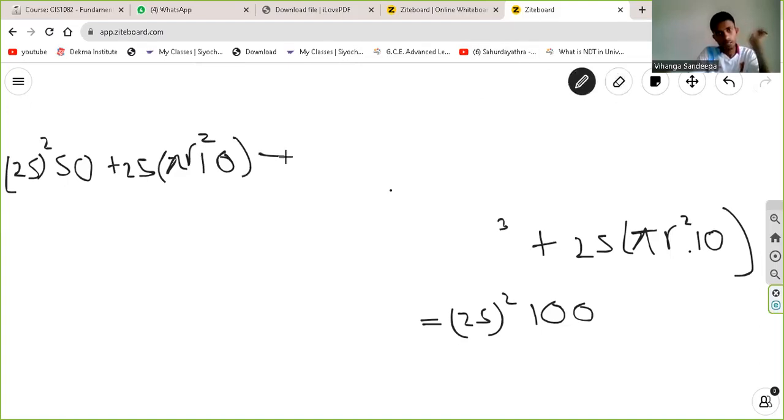You have to make R squared the subject. Then you can find R easily.